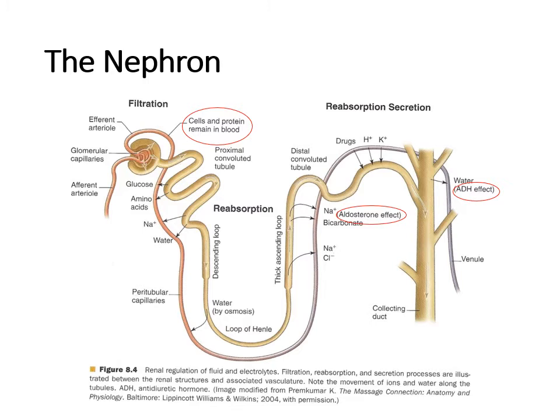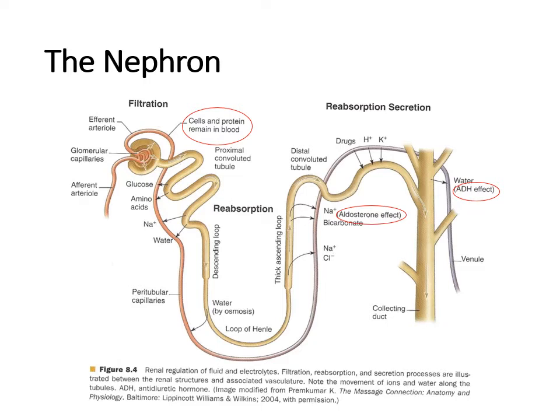Okay, and what's highlighted here is where aldosterone works. Okay, so aldosterone typically works at the distal convoluted tubules and the collecting duct. ADH, which reabsorbs fluid, typically works at the collecting duct.